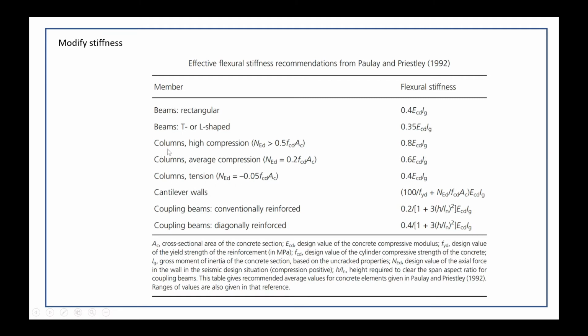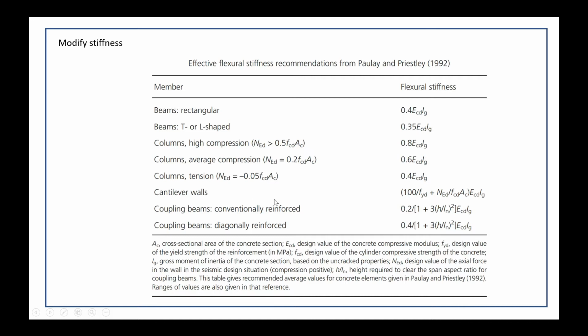For column in high compression you can use a higher stiffness, 0.8, and column in average compression you use 0.6 ECD multiplied with IG, and column in tension you use only 0.4. In the above slide we use 0.5 for the column in tension. For this recommendation we use 0.4 ECD IG.